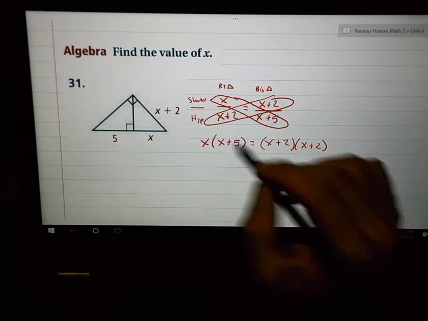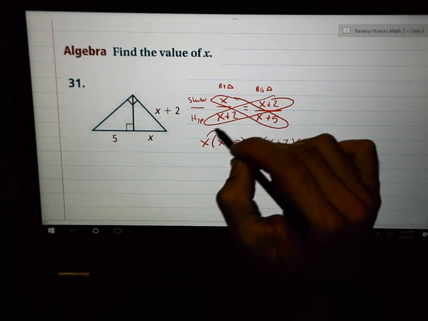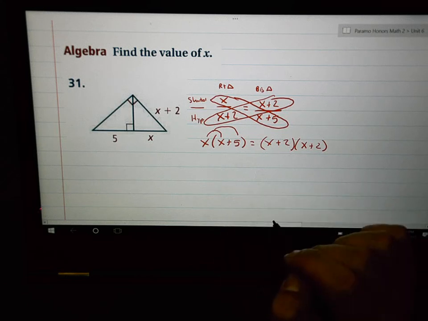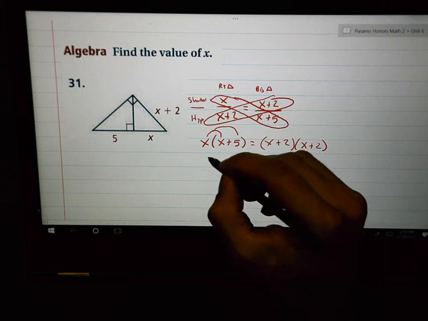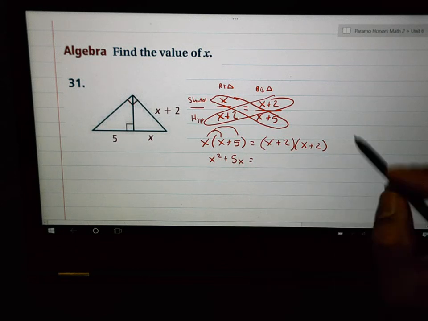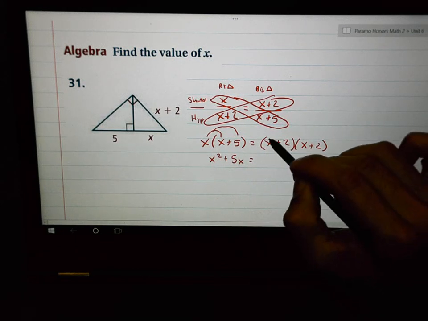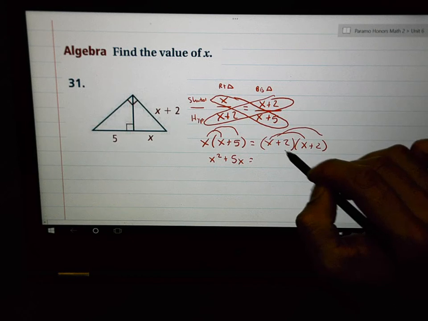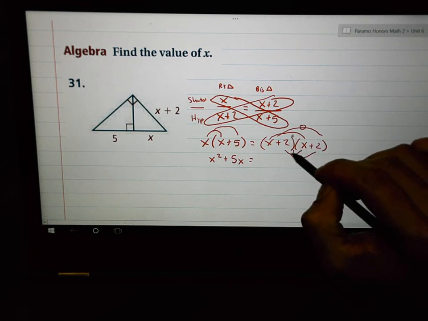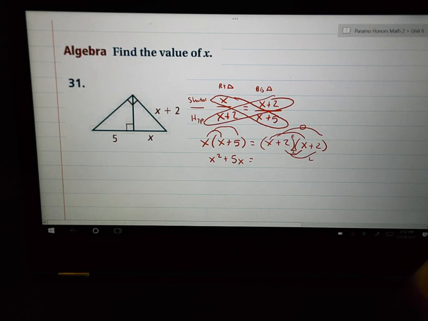So on the left side, I'm going to distribute this x into both of these terms. I get x squared plus 5x. For the right terms, I have to FOIL this out. First, outside, inside, last. Some of you do the box method with that.